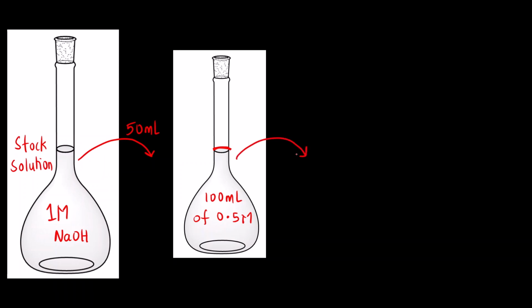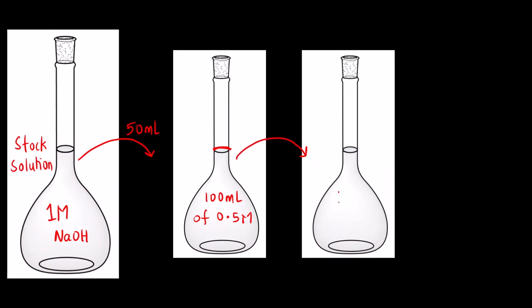The next solution that we have to prepare is 100 ml of 0.25 molar solution. We will take 50 ml from the second flask, that is the 0.5 molar solution, and then dilute it up to the mark, and we will get our 0.25 molar solution.